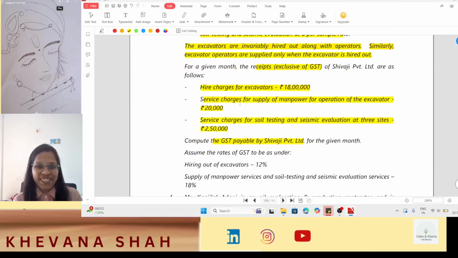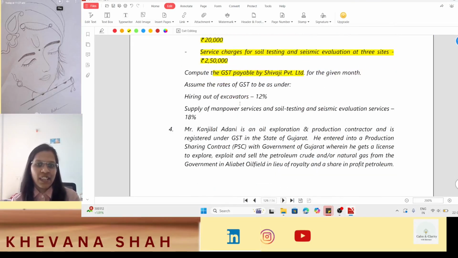Mr. Kanjilal Adani is an oil exploration and production contractor and is registered in the state of Gujarat. Okay. So we have an individual, Mr. Kanjilal Adani, registered in state of Gujarat. He entered into a production sharing contract.